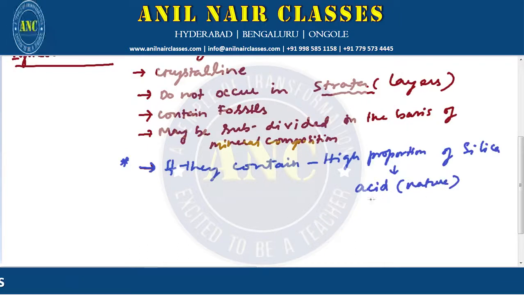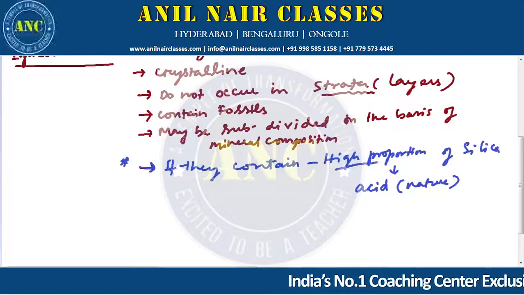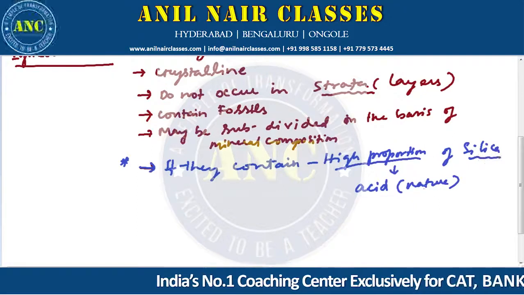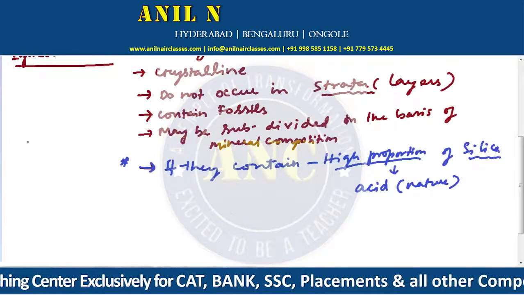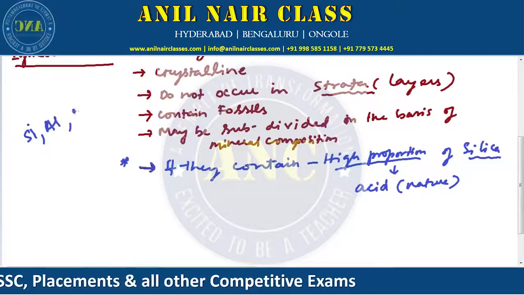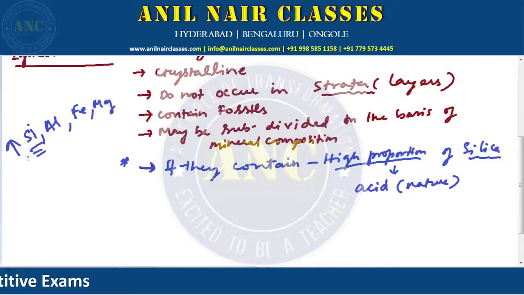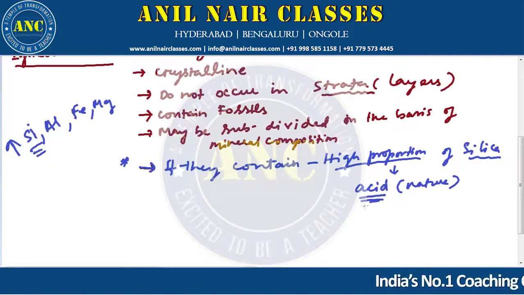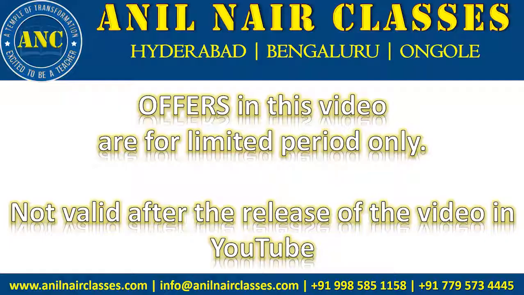The rocks will be assumed to be acid in nature if they have a high proportion of silica, right? How? Because they are composed of what? As you know, igneous rocks should be like silica, aluminium, iron, magnesium, right? But if this composition is high, then it is going to be acid, and it is hence called acid igneous rocks.